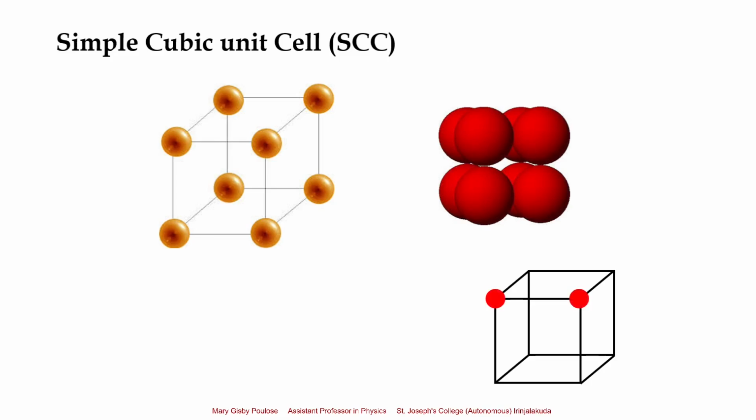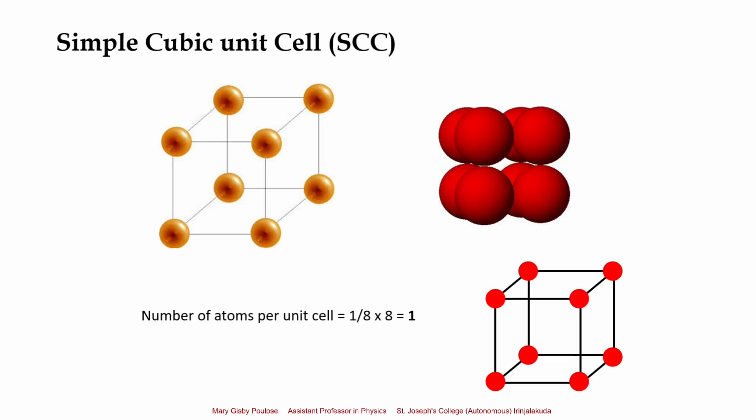Here, here, here, here. We have filled atoms on the top face. And here we have filled atoms on the bottom face. So we have placed 8 atoms at the 8 corners of a cube. And this gives the simple cubic unit cell.